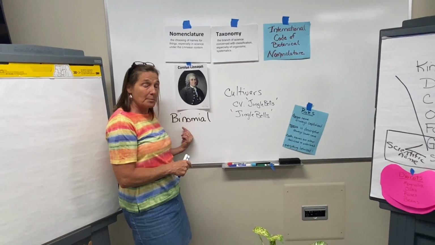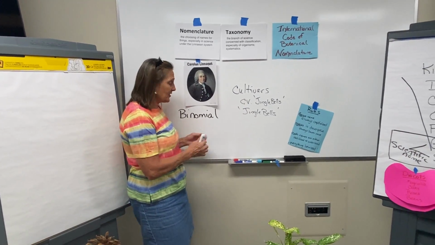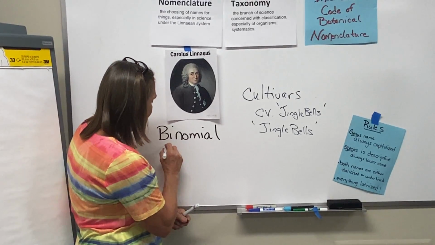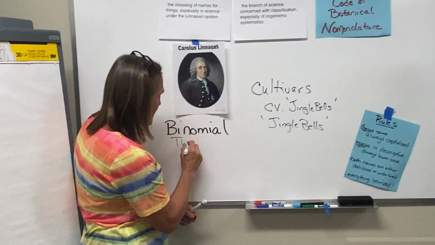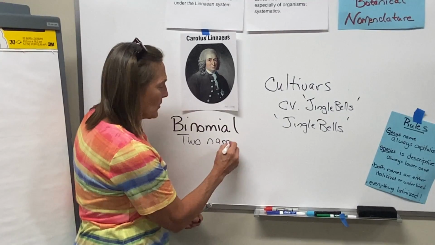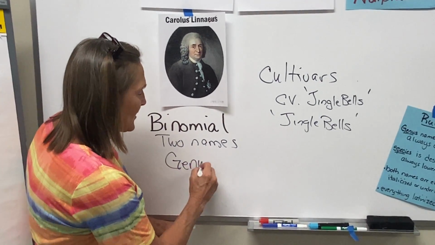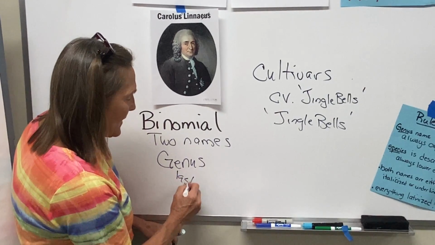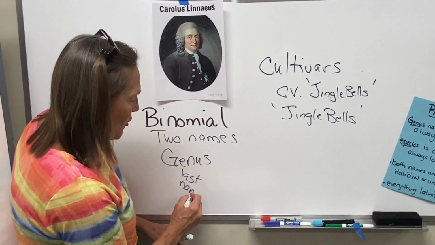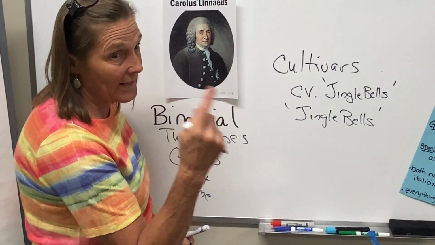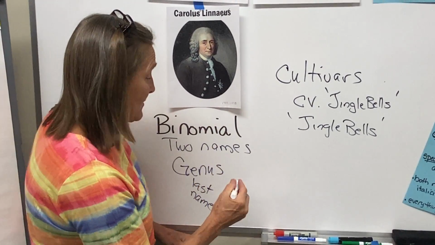Did I tell you the word binomial? This genus species name is called a binomial system. Binomial means 2 names. What are the 2 names? The genus is like your last name, because it's like if I call my house and they ask for Joyce, or you might want to get my husband, whose name is Mike.